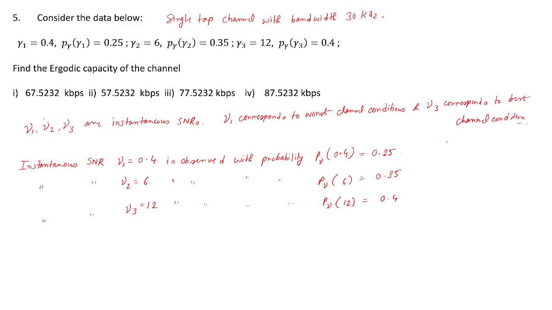Let us check whether the probability distribution is valid or not just by summing up all probabilities of instantaneous SNR over i, that is 0.25 plus 0.35 plus 0.4 comes out to be 1. This is fine then.